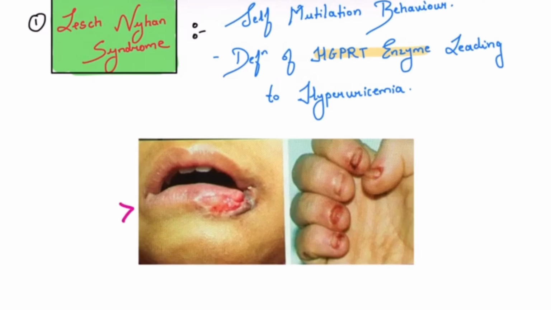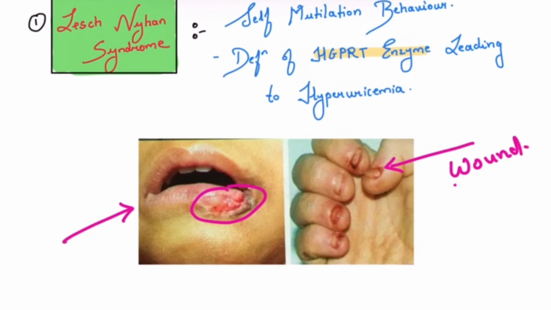You can see in this image there is self-mutilation behavior. The child is eating his own lips and making wounds, and also he is biting his own nails and making wounds. So this is known as self-mutilation behavior.